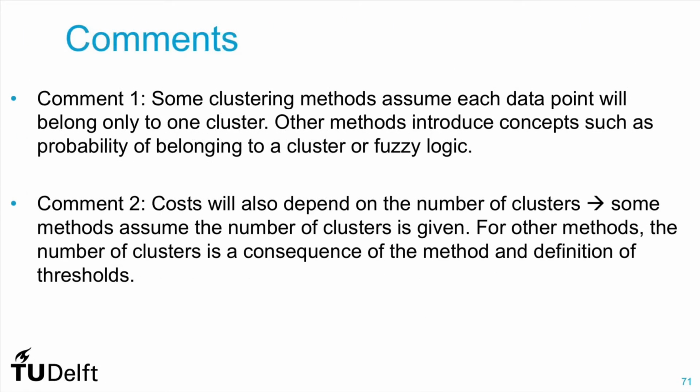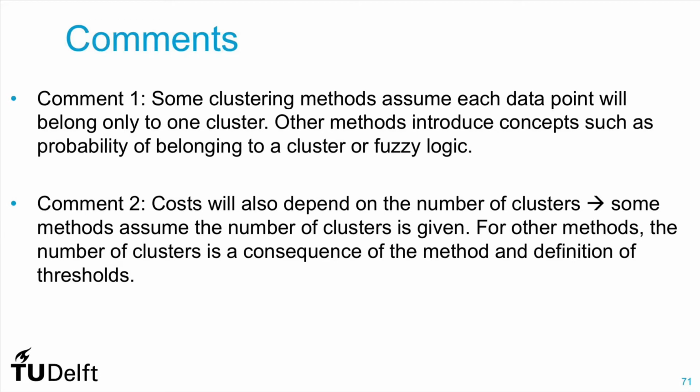So I have then for the final part 3 comments about the formalization of the problem of clustering. The first one is that we will see later that some clustering methods are going to assume that the data point will only belong to one cluster.